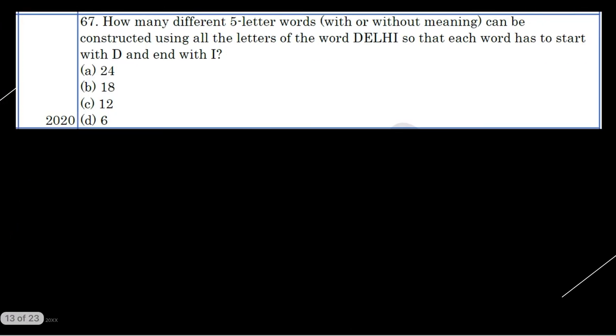Now moving on, this is the question, and if you have seen the video, this question will come to you intuitively. Let's read: how many different ways can a 5 letter word be formed by using the letters of Delhi with first letter as D and last letter as I?